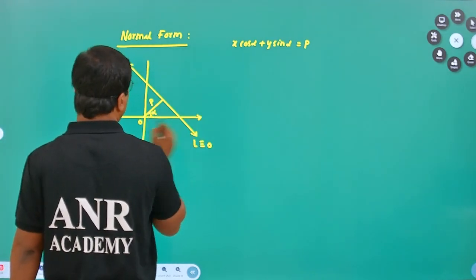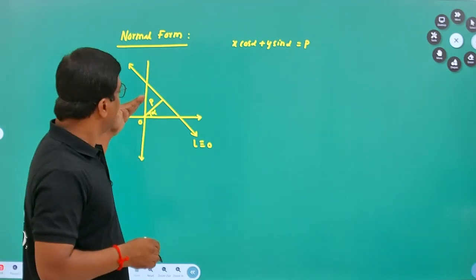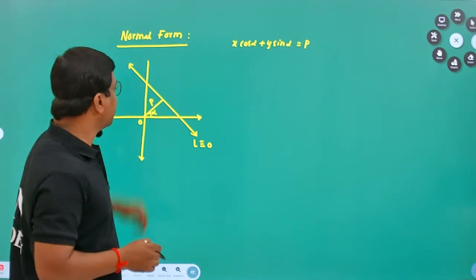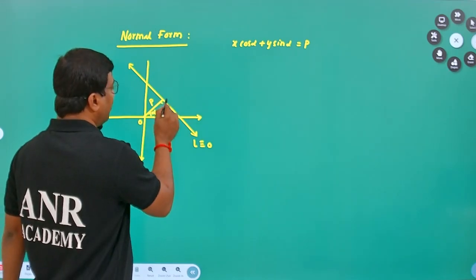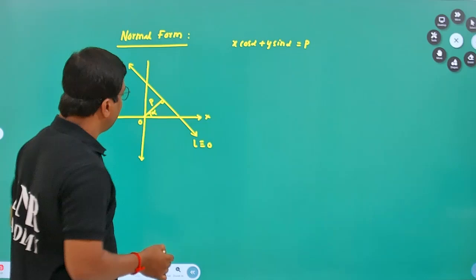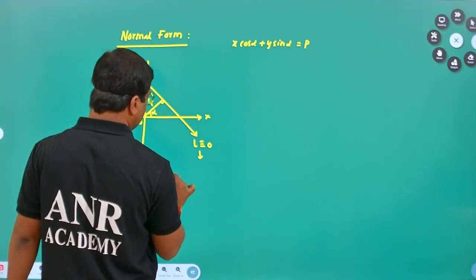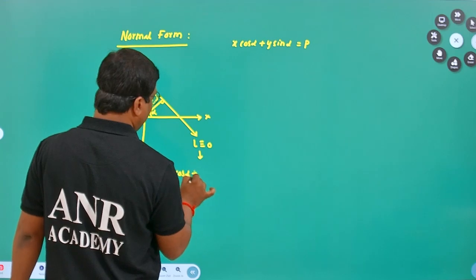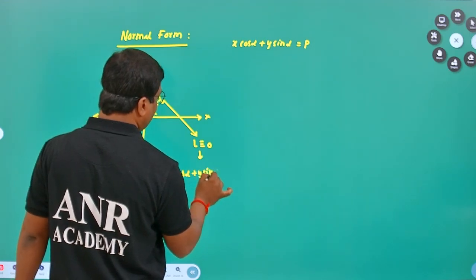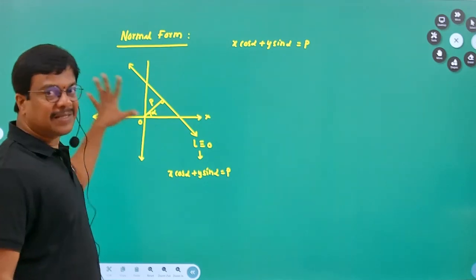You know this result. If alpha is angle made by normal to this straight line with positive direction of x-axis in the counterclockwise sense, then the equation of this line can be expressed as x cos alpha plus y sin alpha equal to p. You know, this is the statement.